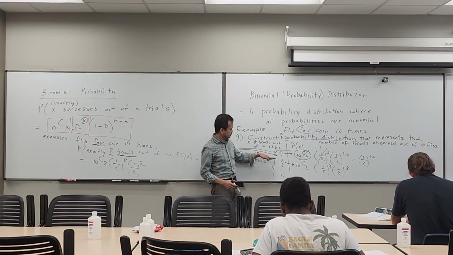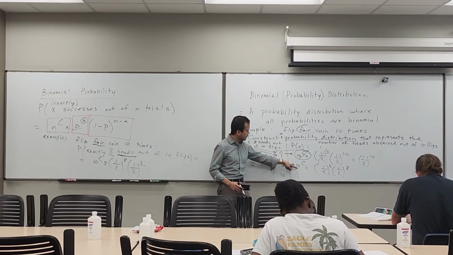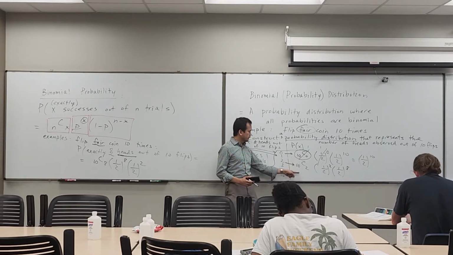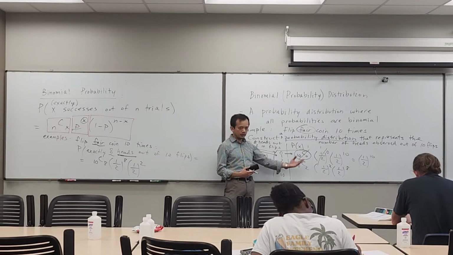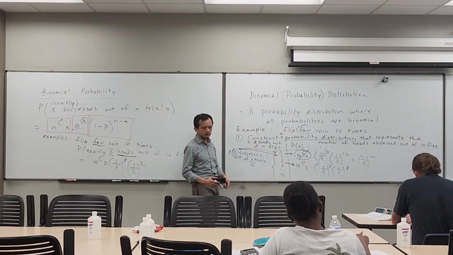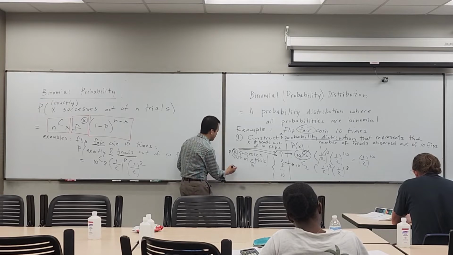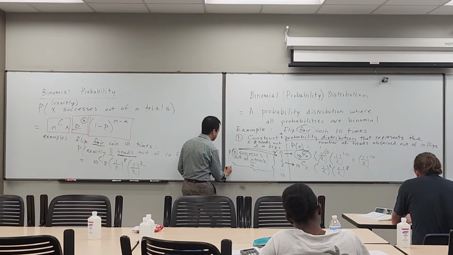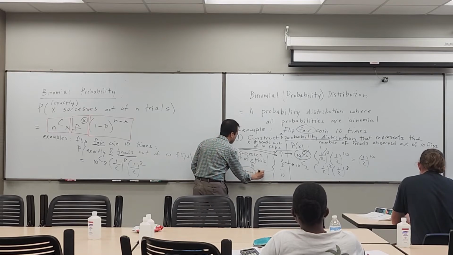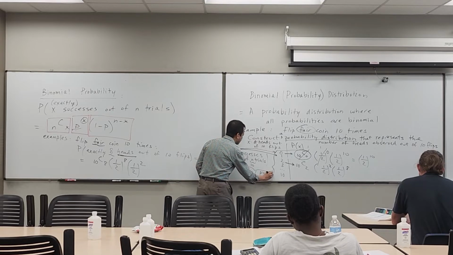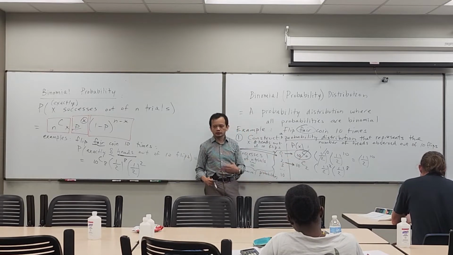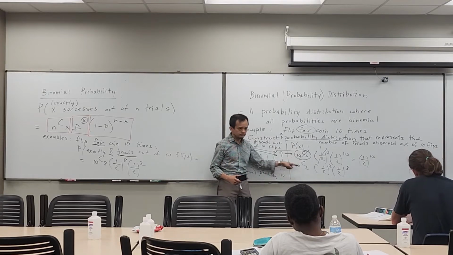So it turns out that in this probability distribution, where we're listing the probabilities for all these possible values, the way we find all the probabilities from 0 to 10 is that we're gonna use this binomial probability formula in all cases from 0 to 10, all 11 cases. All right, so these end up being all binomial. So all the probabilities here of all these values in the distribution were calculated using the binomial probability formula.